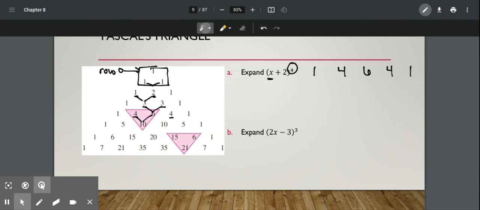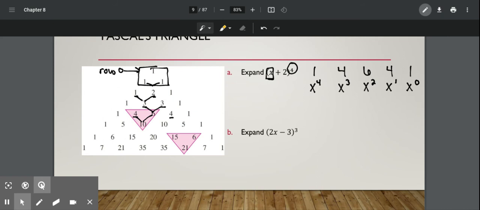We take the first term, which is our x, and we put it underneath the 1. So we're going to say x to the fourth. And then we're going to keep going down, and then we're going to say x to the third, x squared, x to the 1, and x to the 0.